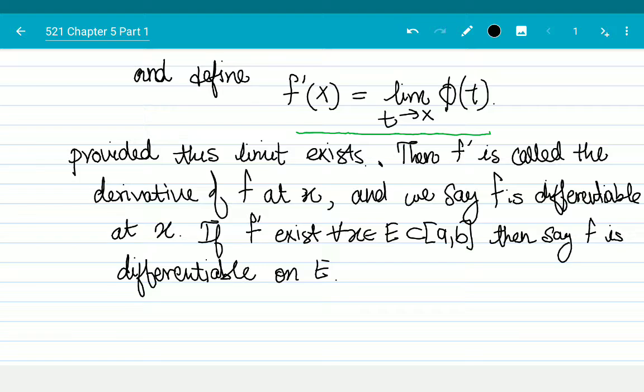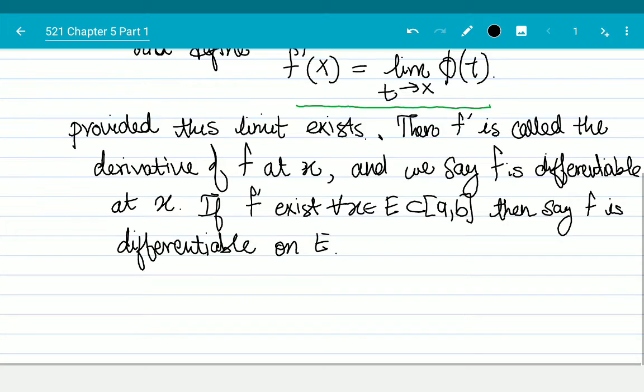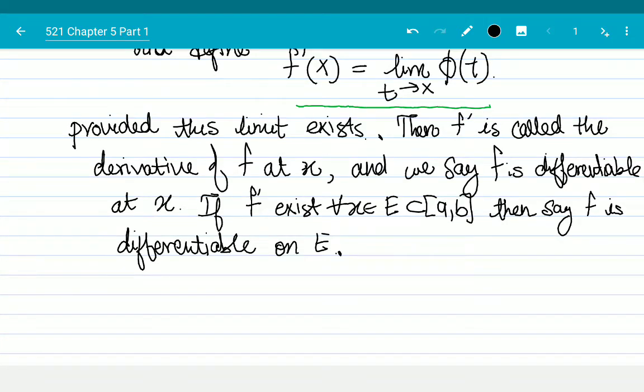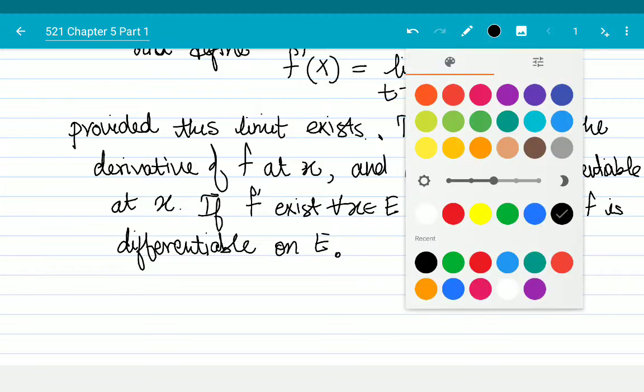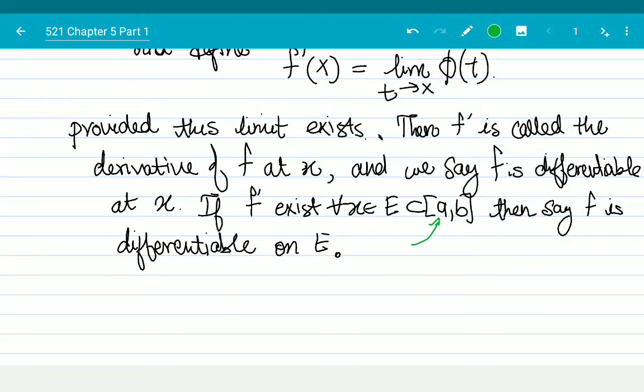One important consequence is that if you define right and left hand derivatives, then you can actually define the derivative at a and at b.